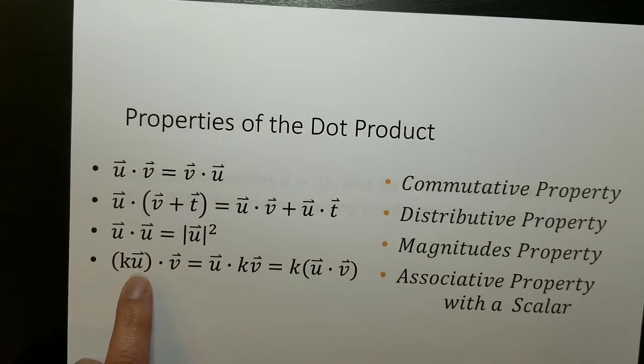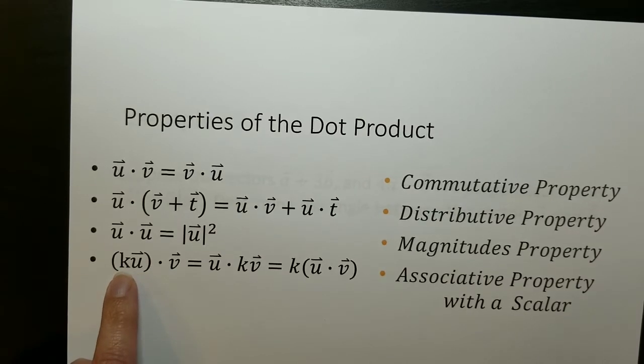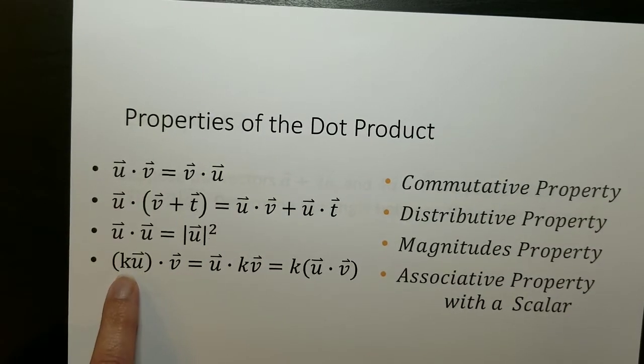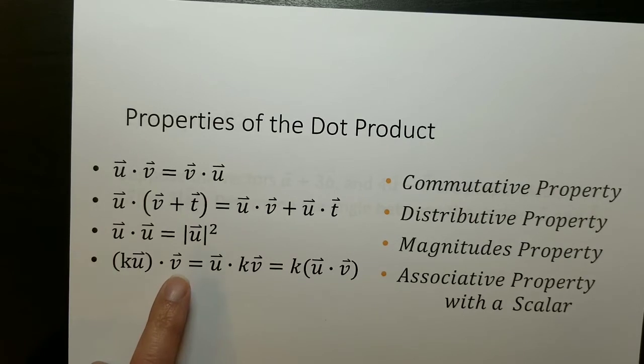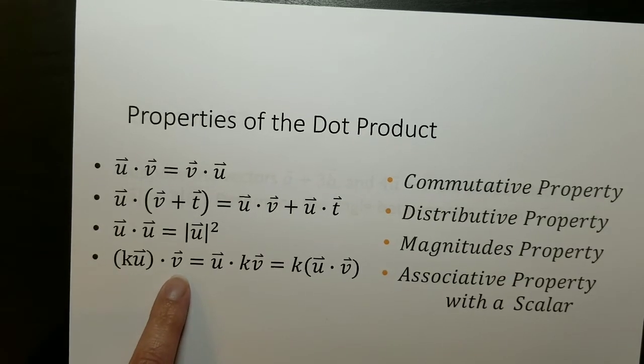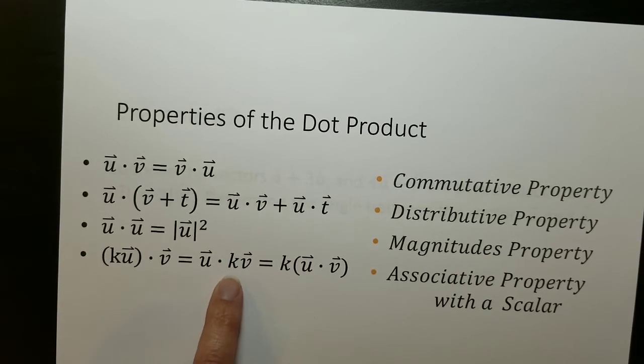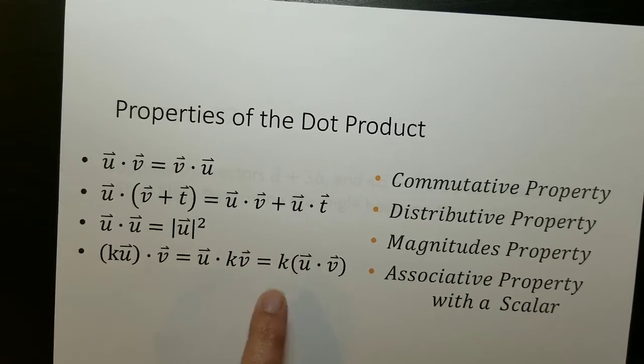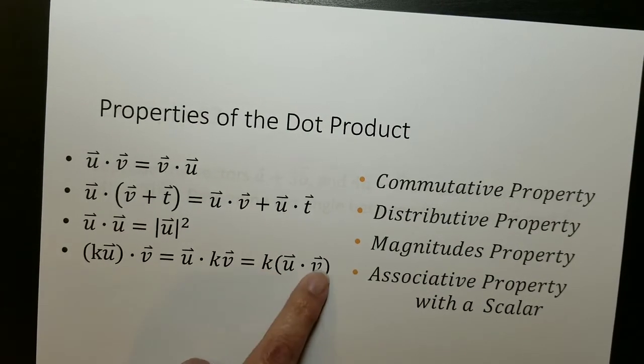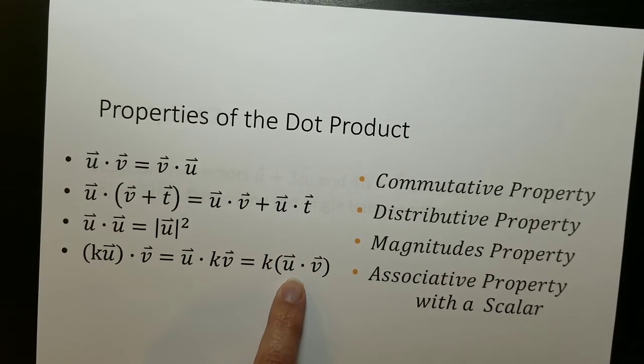And the last one, if you have a scalar multiple of either of these, it will not affect it. So you could have k times vector u dotted with v. That's the same as u dotted with k times vector v. And that's the same as k times the whole dot product. So this order doesn't matter.